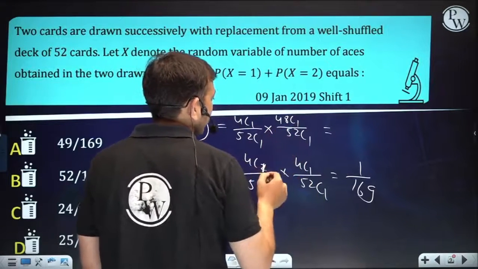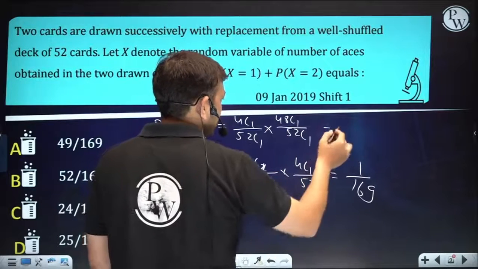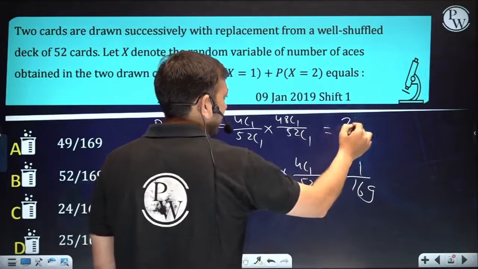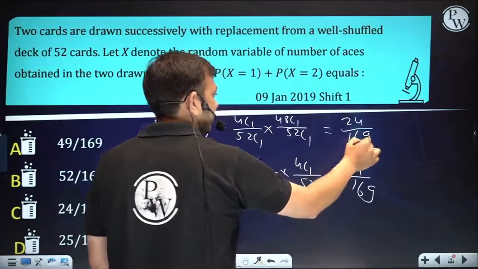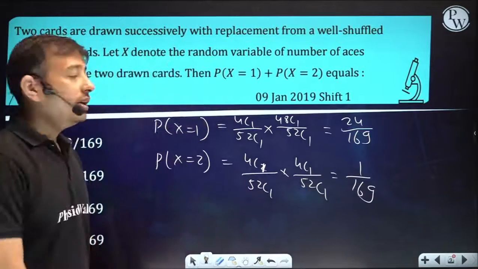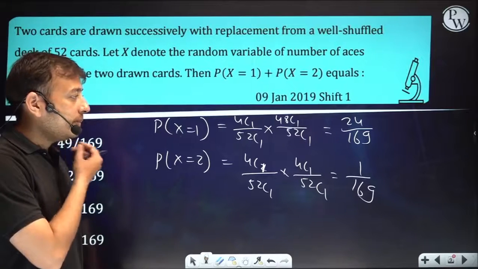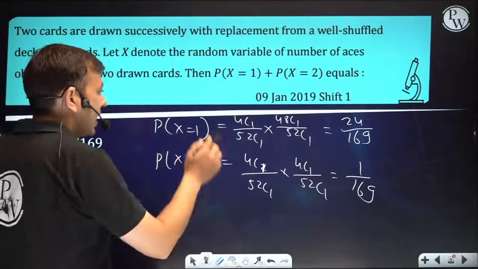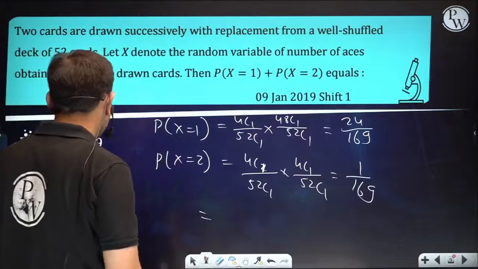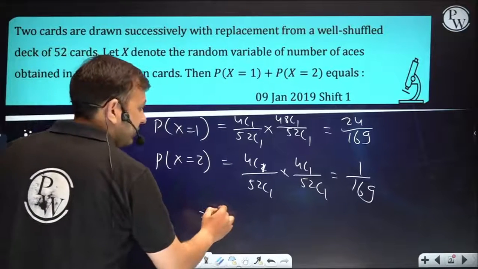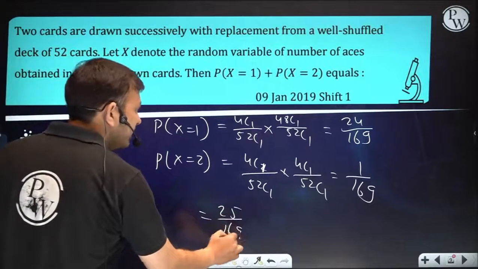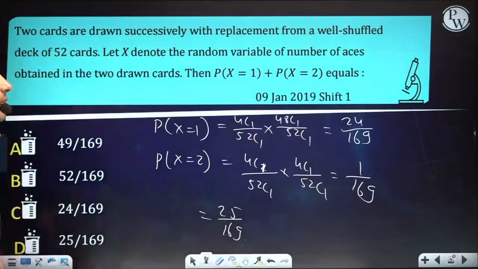So what you can say, 24 by 169. Okay. So when you add them, the answer will become 25 by 169, like this. Understood?